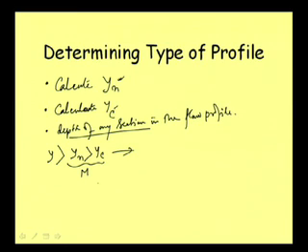Combining this plus that, we get that this profile is an M1 profile. So to know the type of profile, we need to know what type of bed it is, comparing yn and yc.